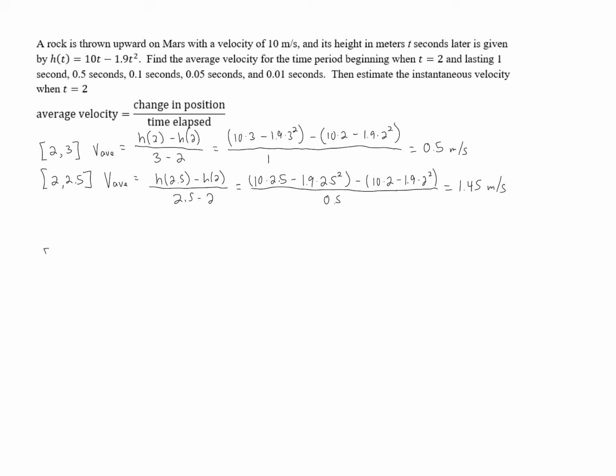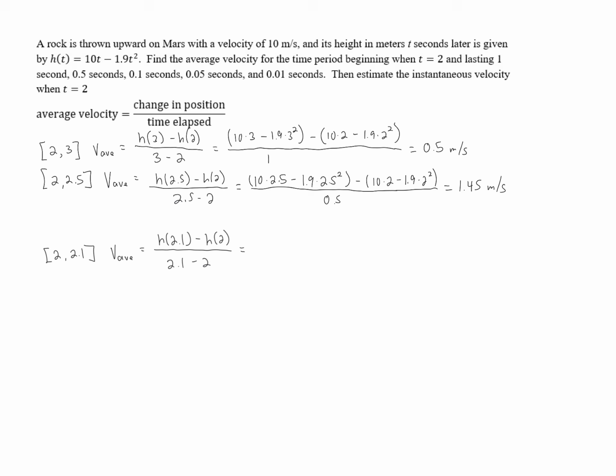If we do the interval from 2 to 2.1 seconds, we need to do the calculation where we take h of 2.1 minus h of 2 and put that over 2.1 minus 2.